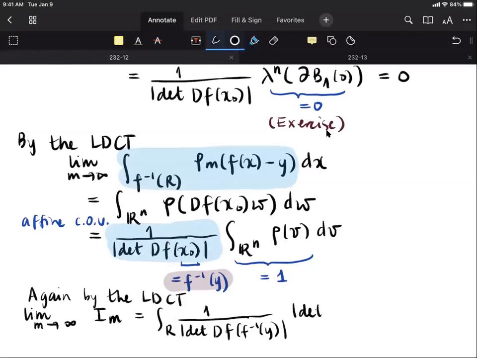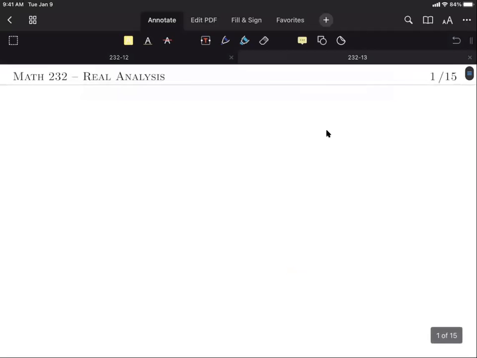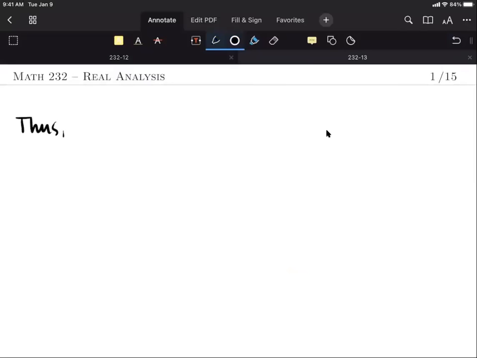And take note that in I m we have another extra factor, precisely this dy. So this will cancel. Hence, we have the following. The limit as m goes to infinity is the integral over R of dy.